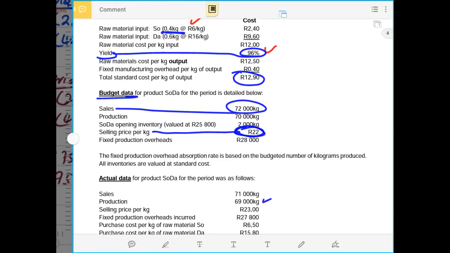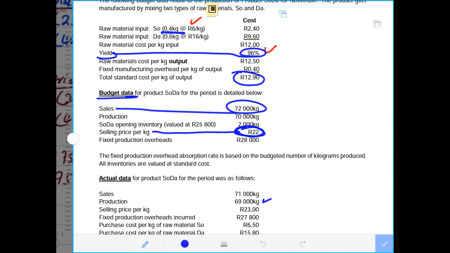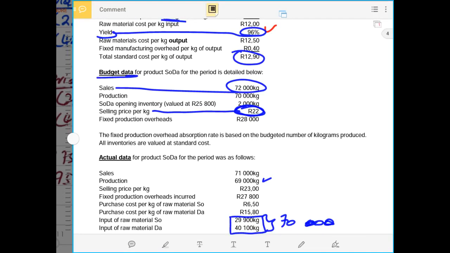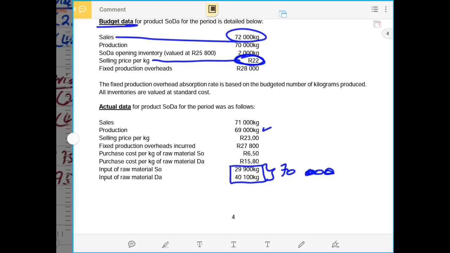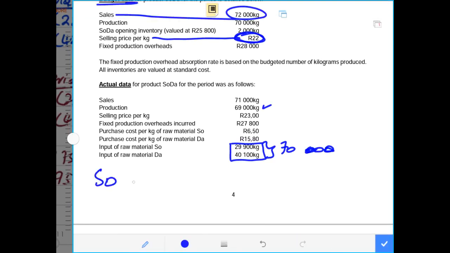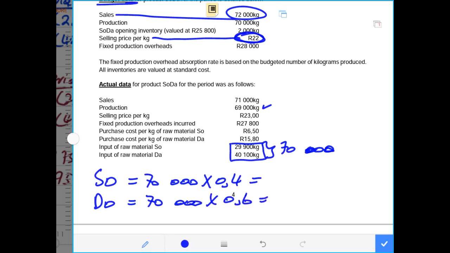That is what we call the standard input allowed for the actual yield. So our standard input allowed will be 0.4 times 70,000 and 0.6 times 70,000, with 70,000 being the actual material that went into the production process. So for material so, it will be 70,000 times 0.4, and for material down, it will be 70,000 times 0.6.